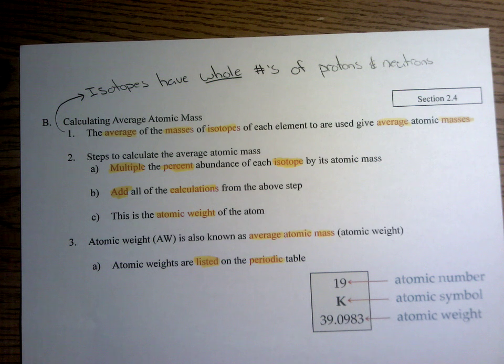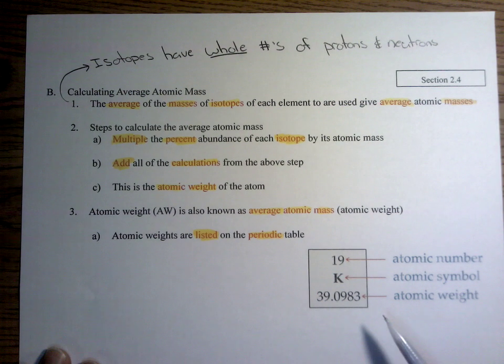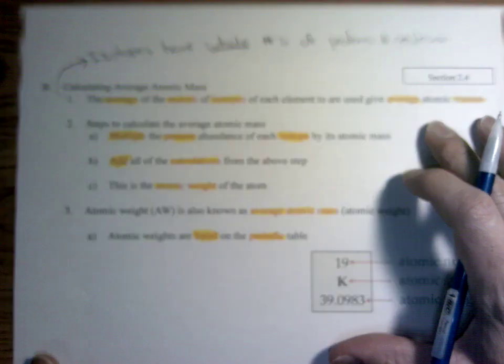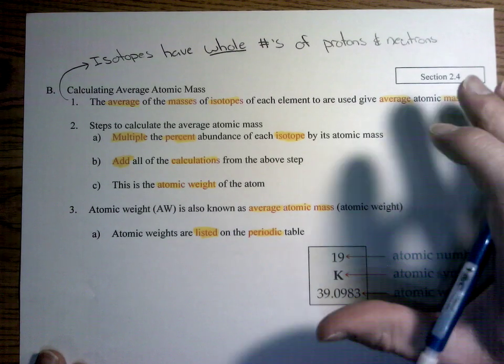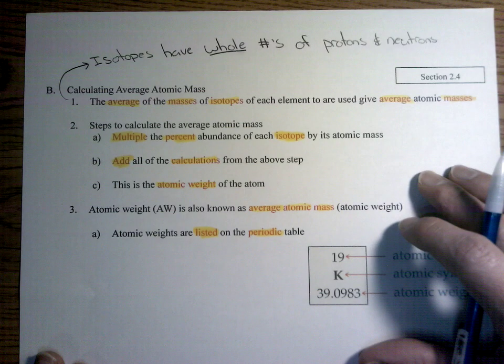Once we've done that, we add those calculations that I just described above, and that addition becomes that atomic weight. So that is how they get the average atomic mass that we see on that periodic table. So let's go ahead, let's go through an example of these particular steps to calculate the average atomic mass.